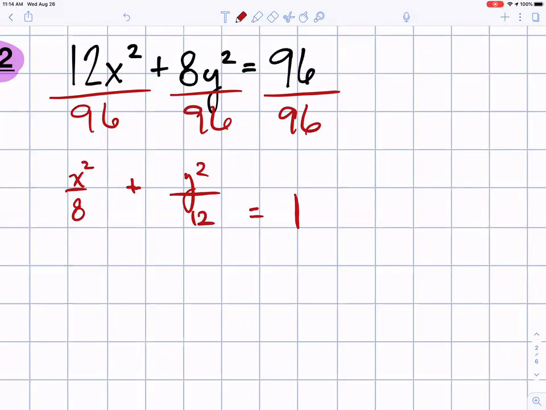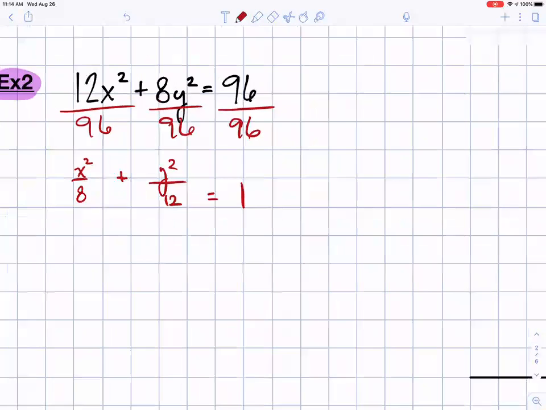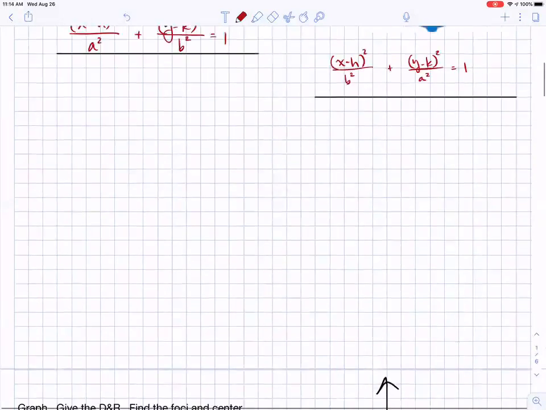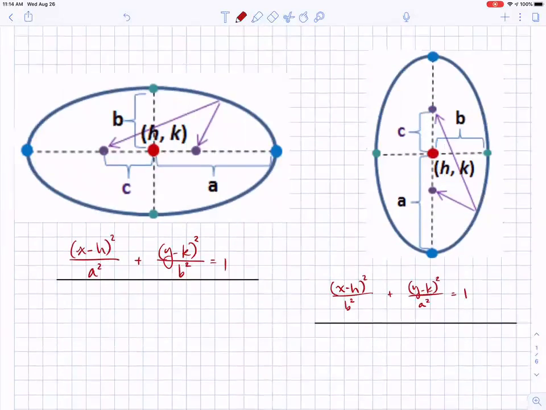What's gonna answer that question? Okay, so something about the denominator. What am I looking for in my denominators? I want to know which one's bigger.